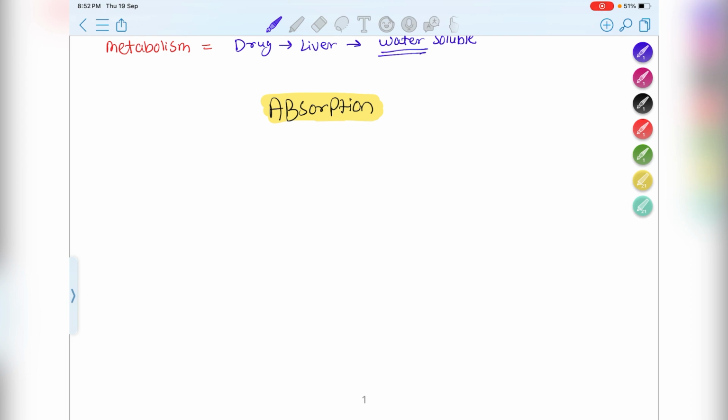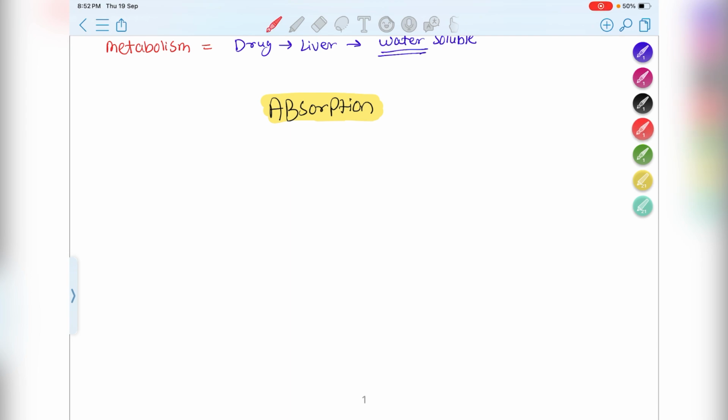Absorption is a cellular barrier which a drug needs to cross to reach the systemic circulation. Okay, so some are the principles of the absorption. The one is how does a drug cross the cellular barrier, then the route of administration, and then the bioavailability of the drug. We will see them one by one.